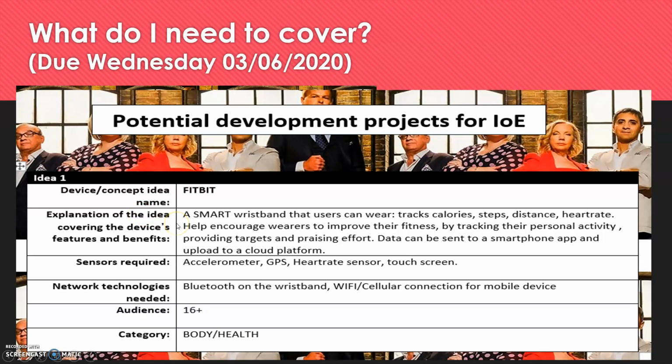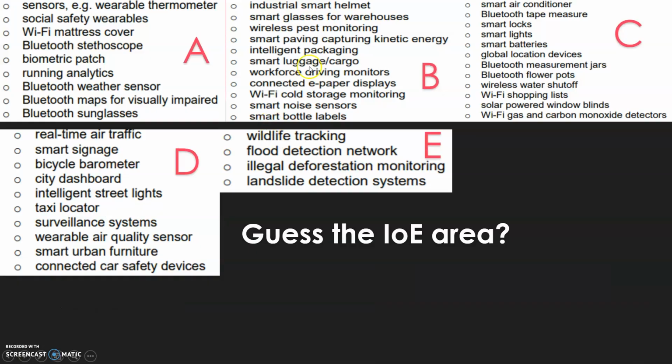It's a creative section, this one, so you do need to think on your feet. You might want to do some research and head right back to that table at the start here and have a look at some of these different IoT devices and think about different ways in which they could be used. You might even want to look around your home at different objects and think, how could I make that smart? What benefits would it have?